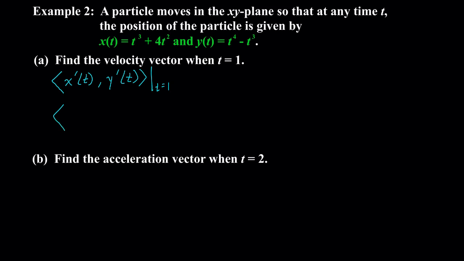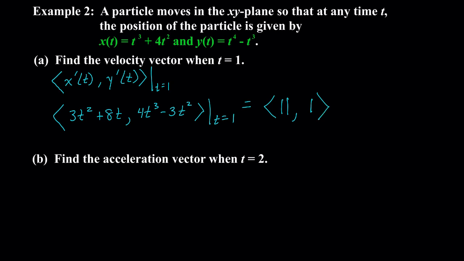So our derivative of x of t will be 3t squared plus 8t, and then y prime of t is 4t cubed minus 3t squared, evaluated when t is equal to 1, which will give us the velocity vector <11, 1>. Now, if we were to graph our velocity vector, <11, 1> would be located over here, 11 to the right and up 1. That would be what the velocity vector would look like.